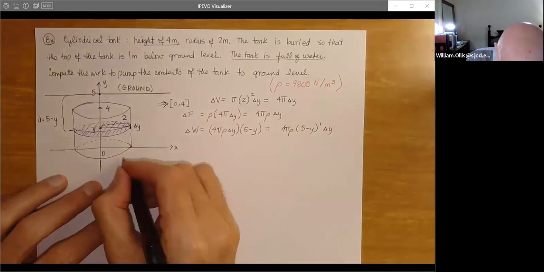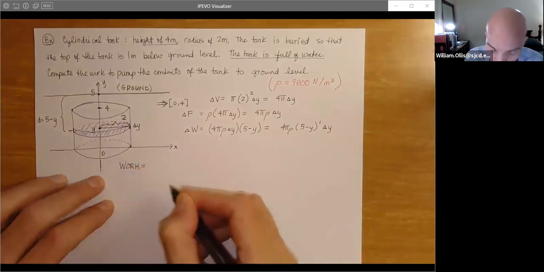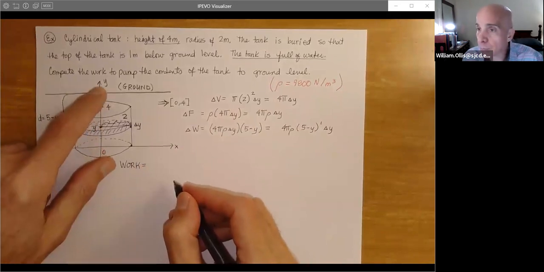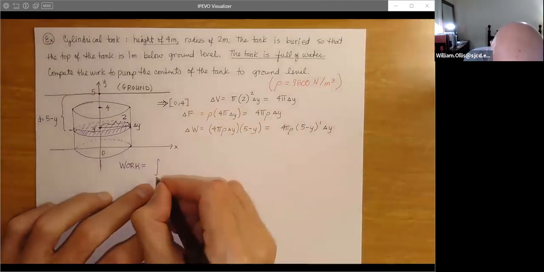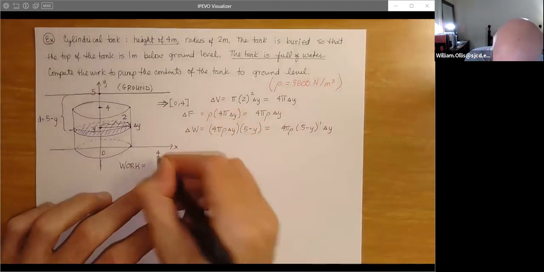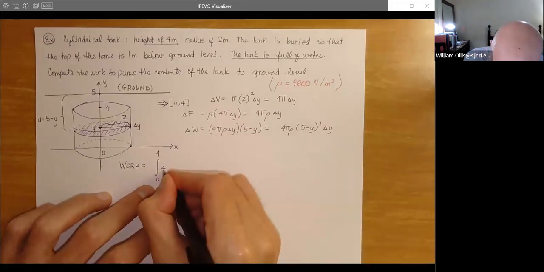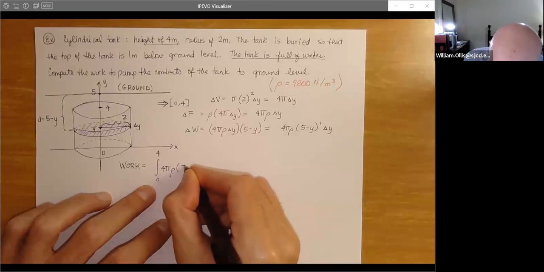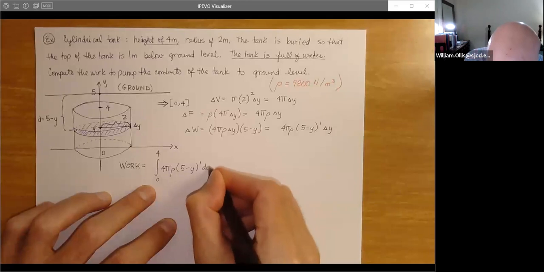So now work, that is to move all of the water from the tank to ground level, will be the integral from 0 to 4. Now we can substitute our delta W. So this will be 4 pi rho times 5 minus y to the first power dy.